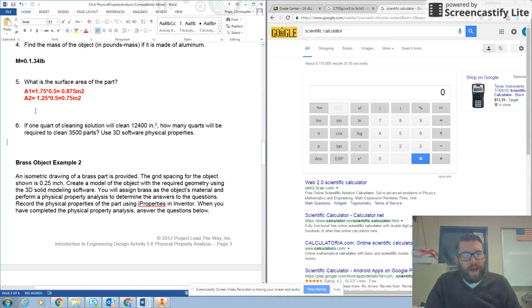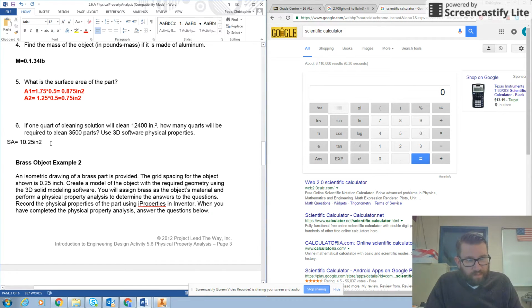Make sure that you add up all of the areas that you find after that to get the surface area. Your answer for the surface area should be 10.25 inches squared. But remember, you need to show your work up here on problem 5 to receive full credit.